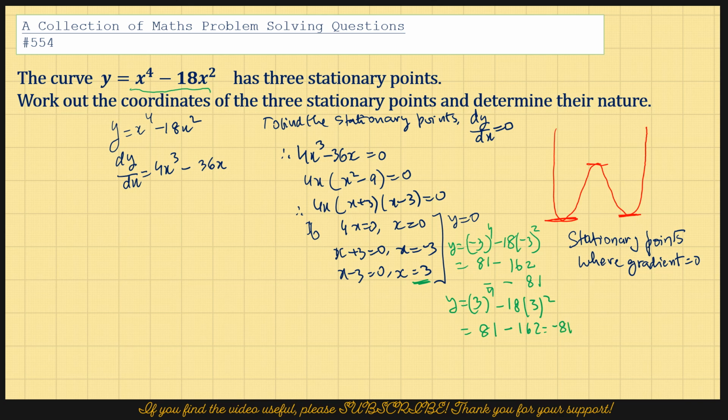So the three stationary points would be (0, 0), (minus 3, minus 81), and (3, minus 81). So these are the stationary points.